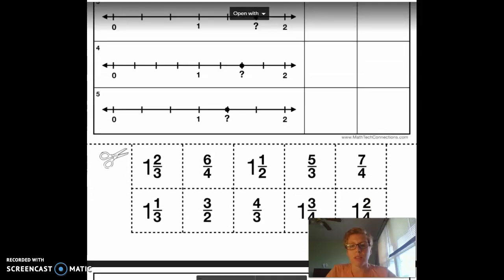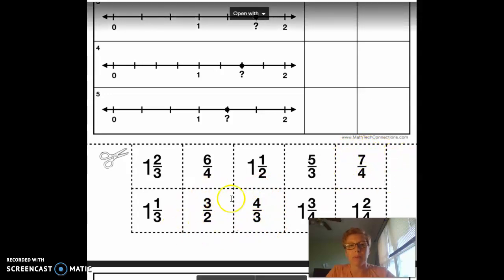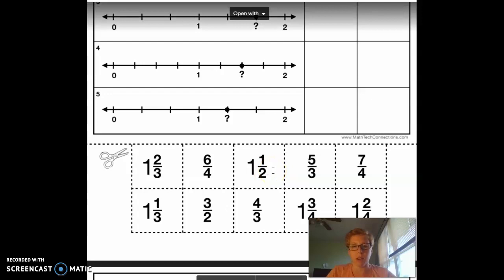Each number line will get 2 fractions. One that is a mixed number, which this is a mixed number, 4/3 is a mixed number, 3 halves is a mixed number, 7/4 is a mixed number, and then a fraction representation like 1 and 2/3, 1 and 1/3, 1 and a half, and so on.